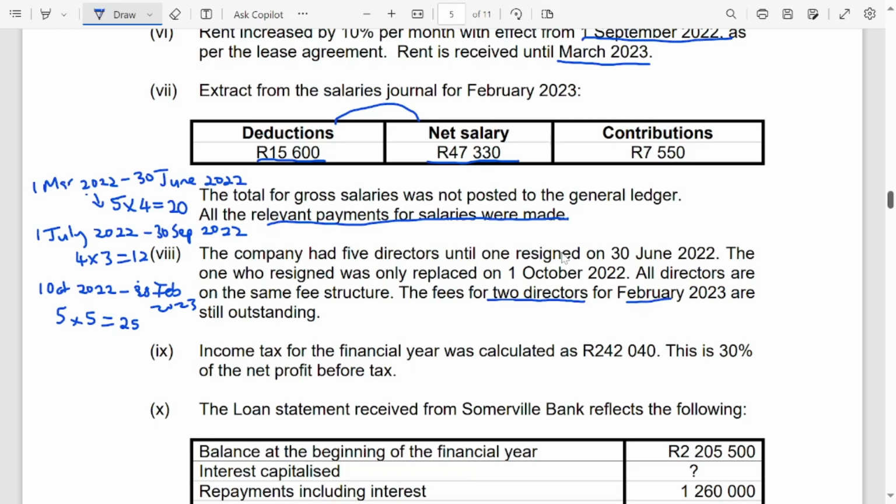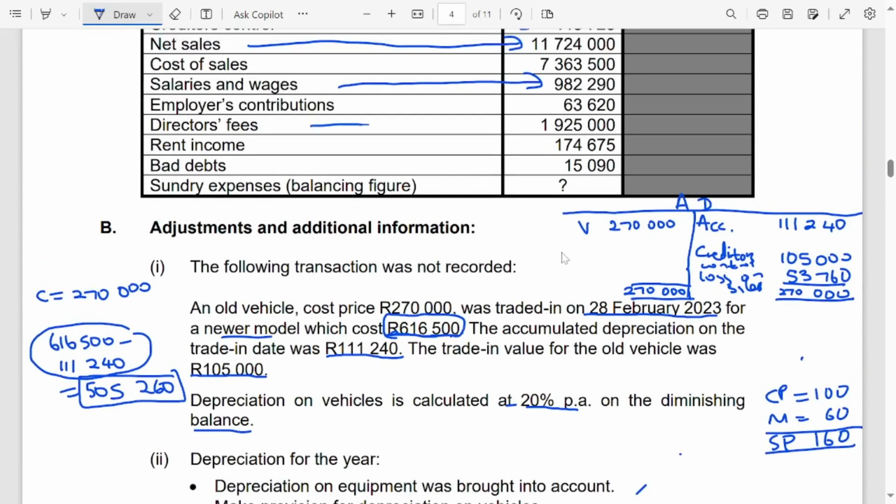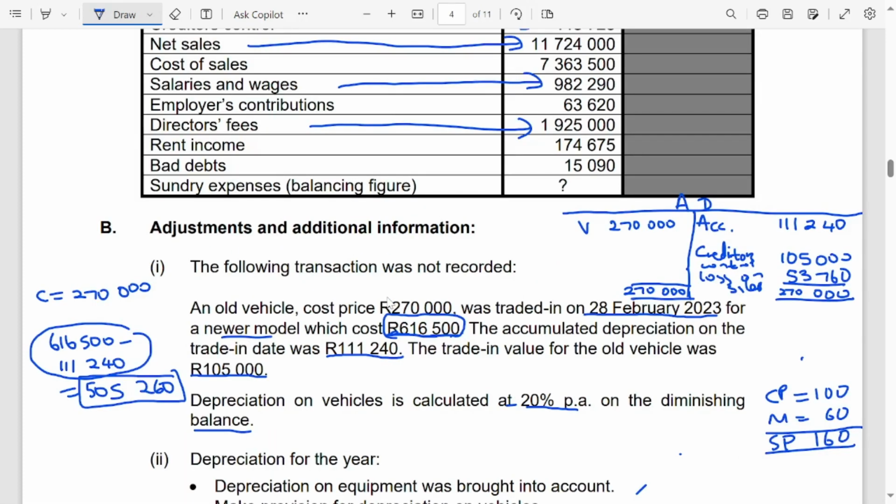So it means that in these directors' fees of $1,925,000, there are 2 fees of the 2 directors that were not paid for February.